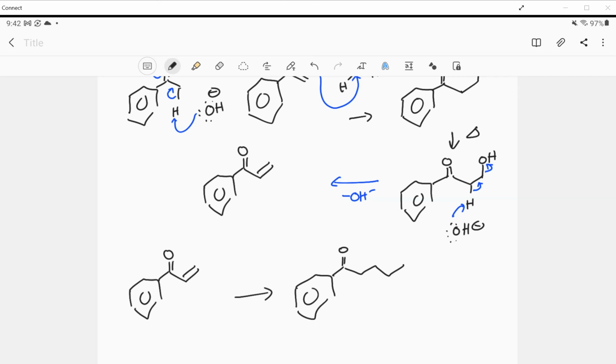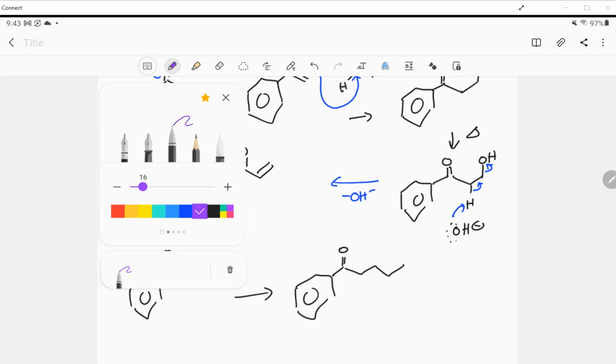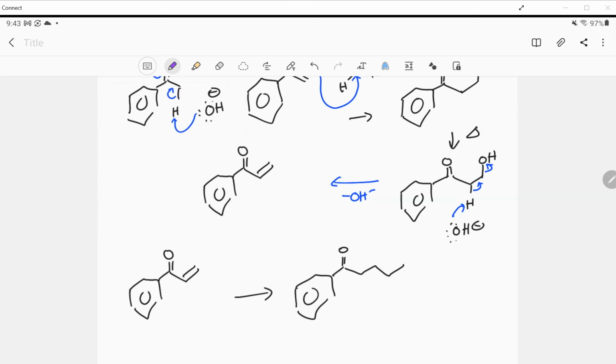Adding more carbons. Adding more carbons, how many? 3. Let's try again. I counted wrong. 2 carbons, yeah. We're adding 2 carbons. So how might we add those 2 carbons?